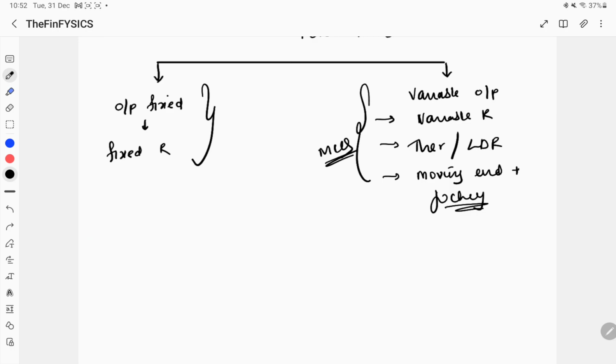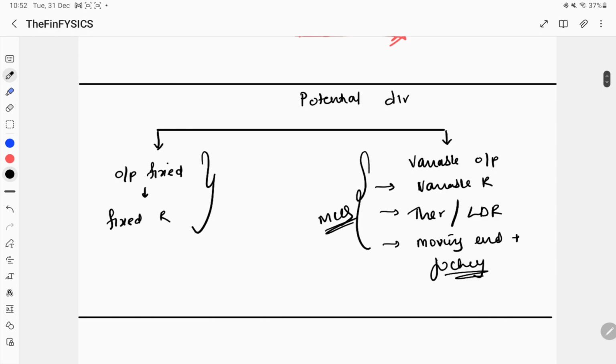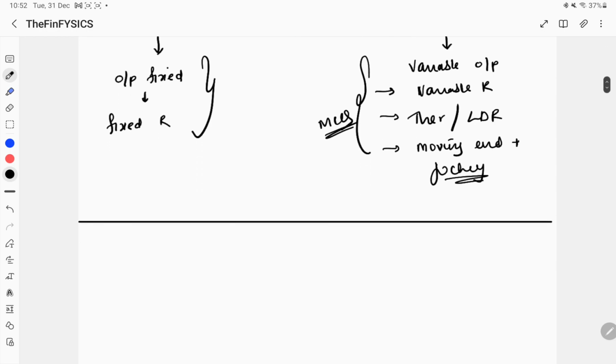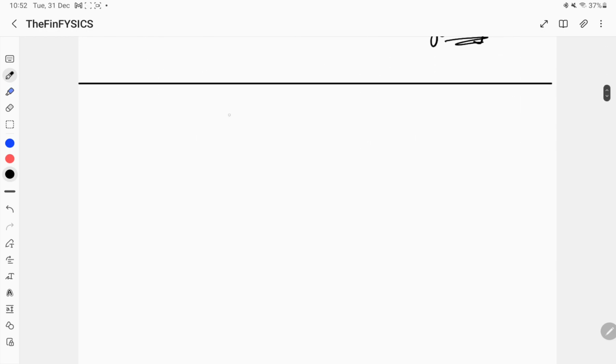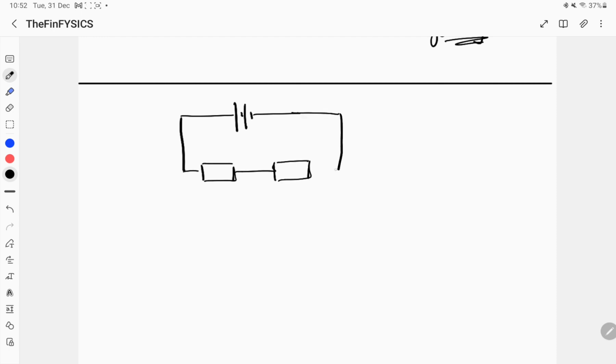Let's talk about the first type, where you have a potential divider giving you fixed output. Obviously you need a power supply, and I have two resistors. You can have a bulb.